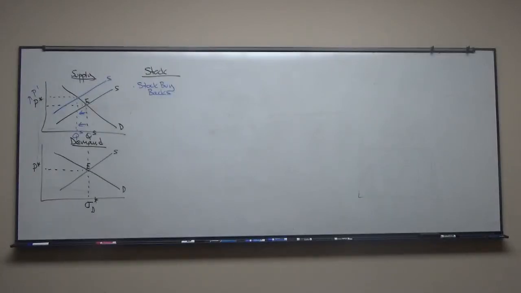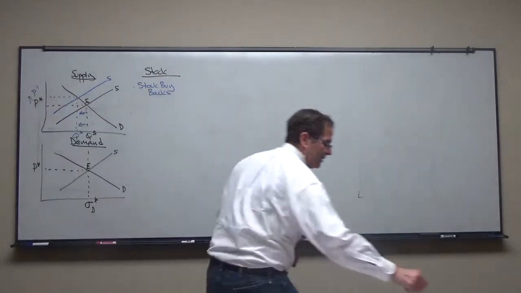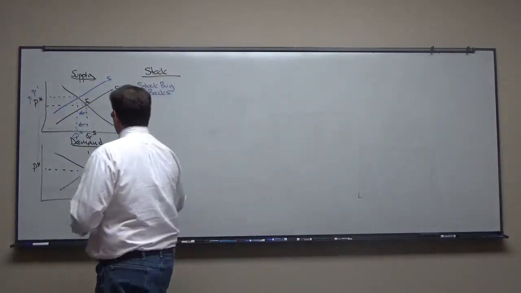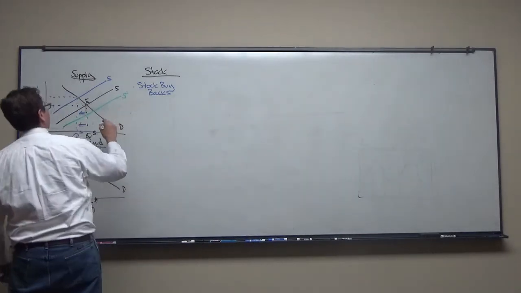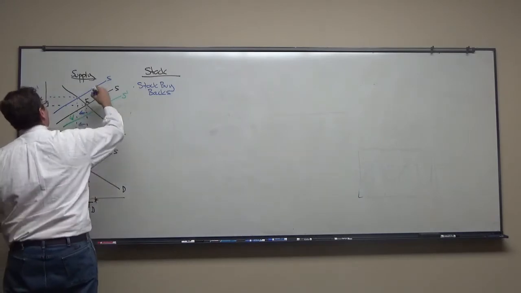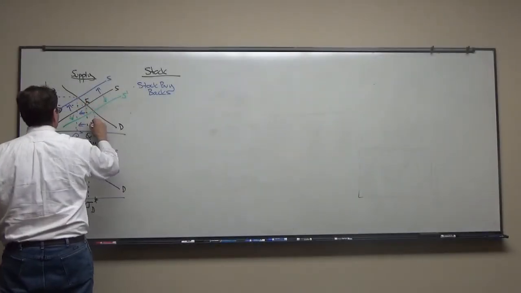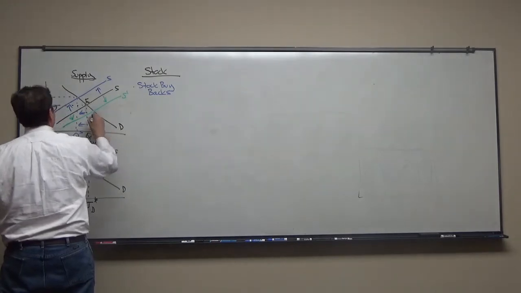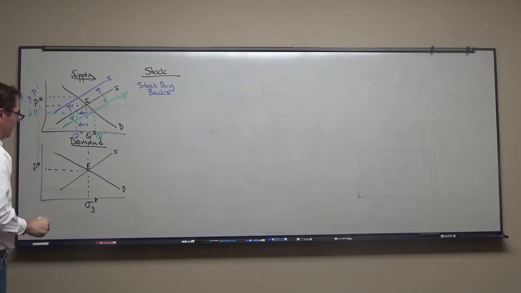So really the first is the stock buybacks. And then what would cause the supply curve to shift out and the prices to drop?